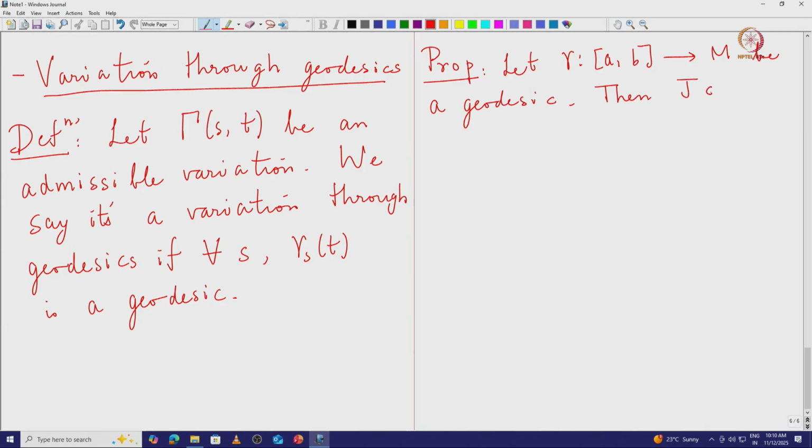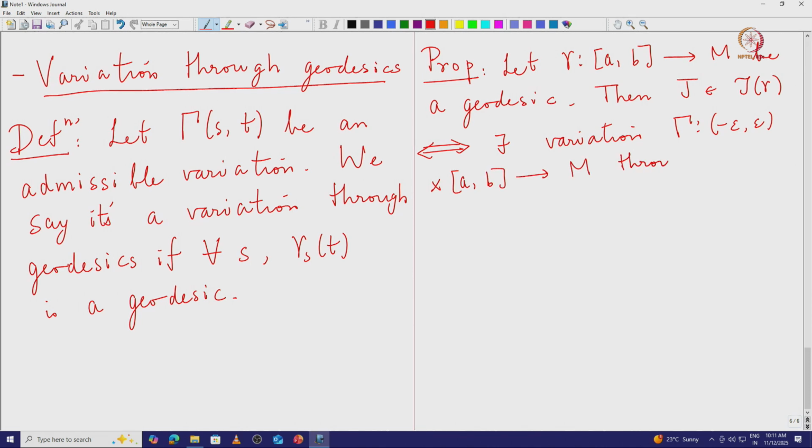J is a Jacobi field along gamma if and only if there exists a variation through geodesics such that J is actually the variation vector field. So such that J of t is the variation vector field of gamma.